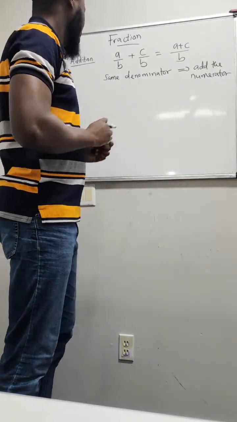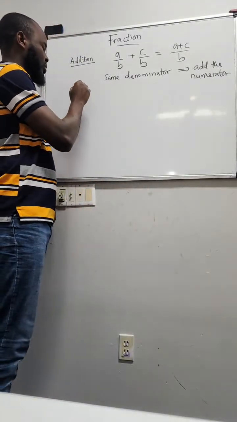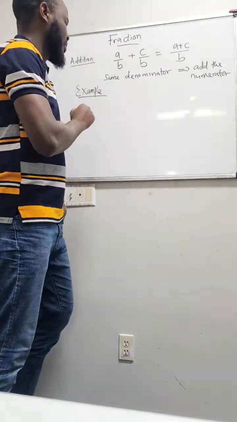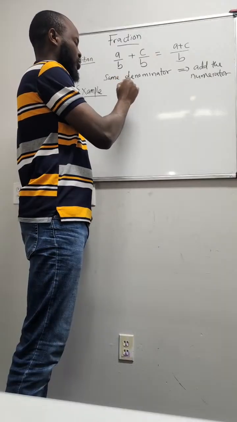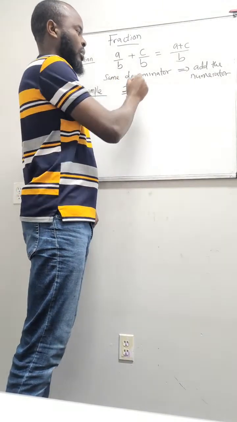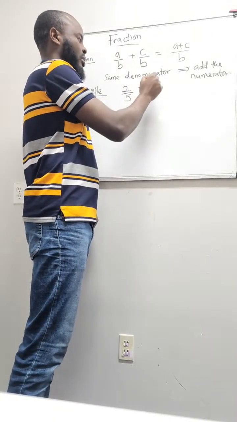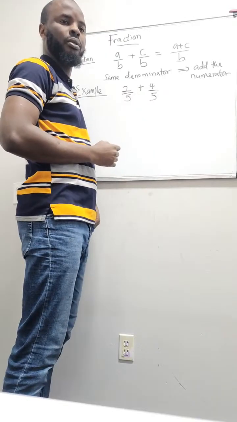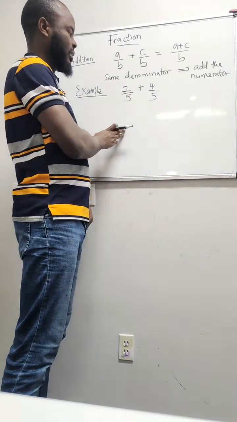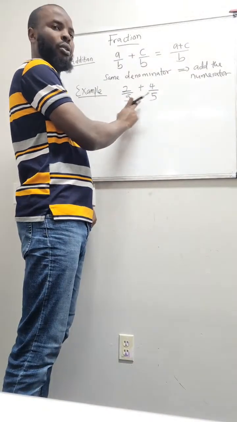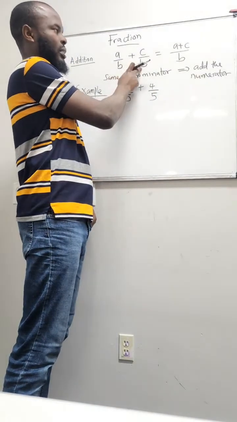Now let's look at this example. If you have 2 over 5 plus 4 over 5, here we have the same denominator, b and b.